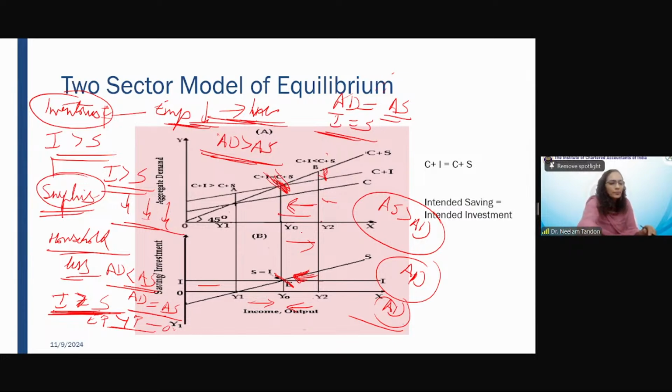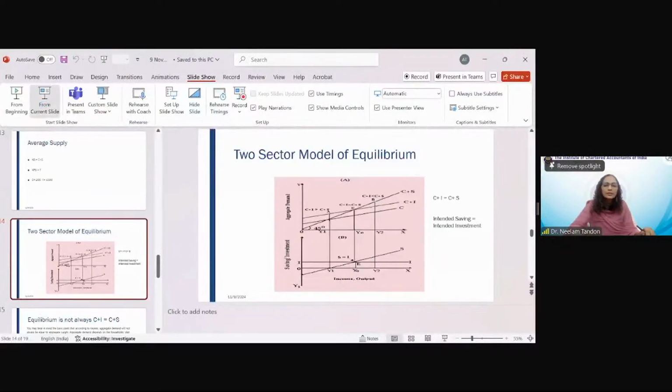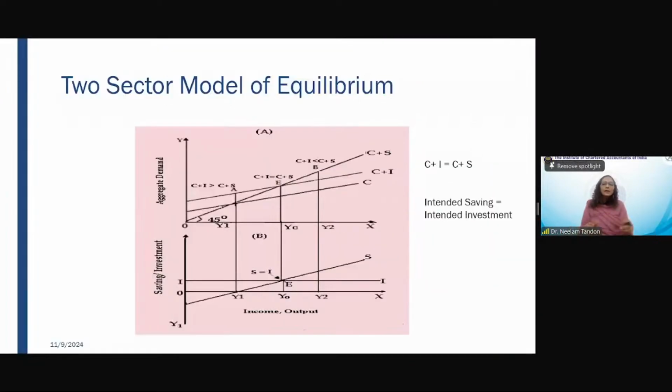So what you understand through this is that economy may be performing to the left of equilibrium, economy may be performing to the right of equilibrium, but once inventory of the corporate increases or decreases, accordingly, the economy will move back to the equilibrium position.